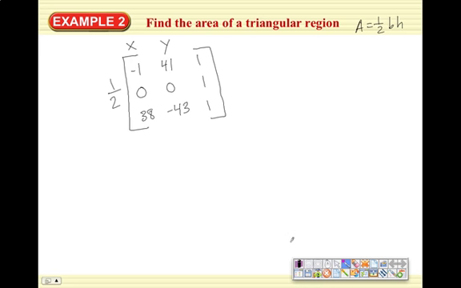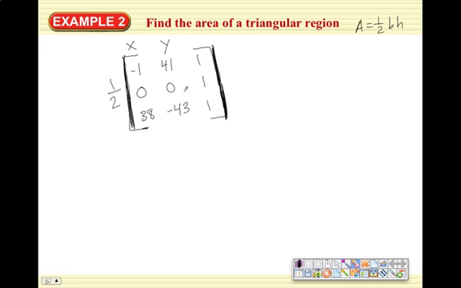Technically, I should use straight up and down bars to indicate determinant, like absolute value, rather than brackets.